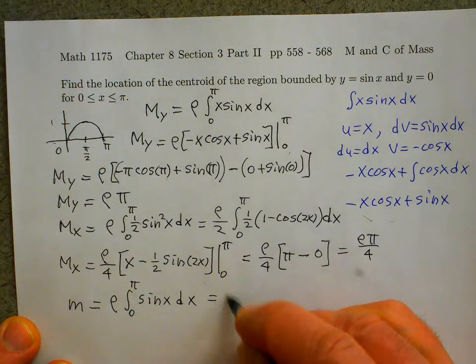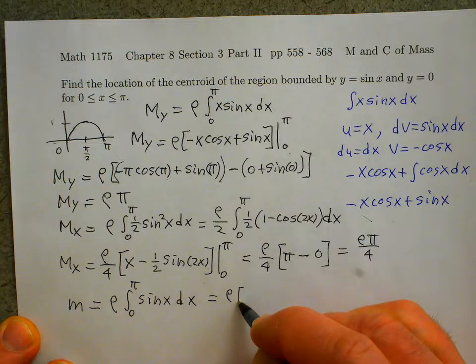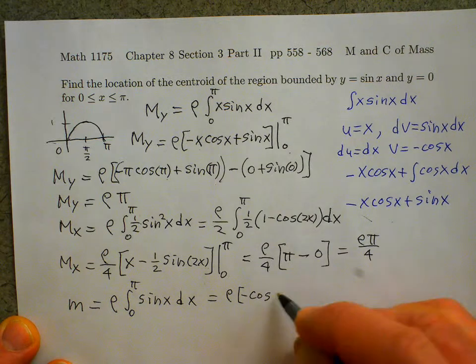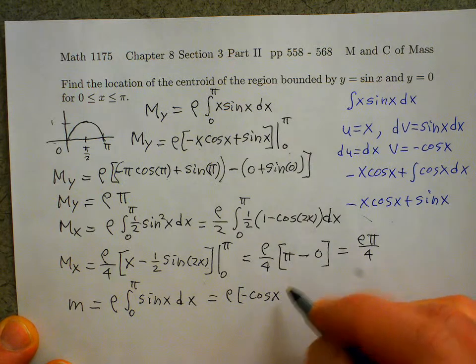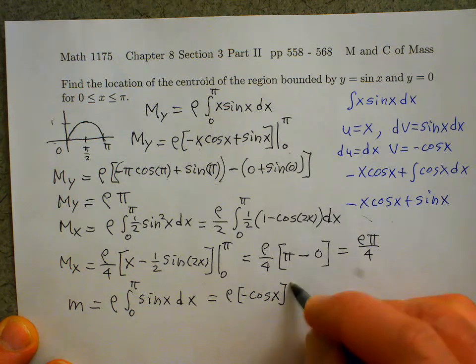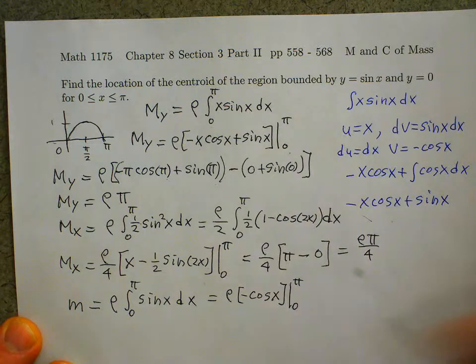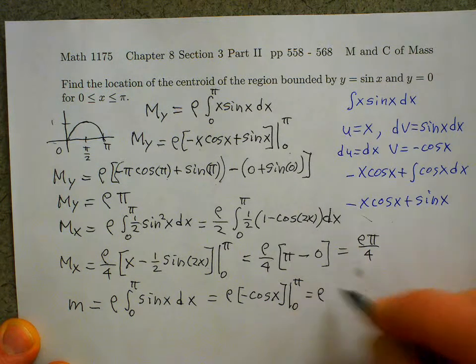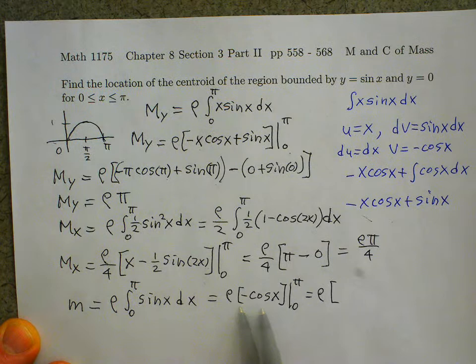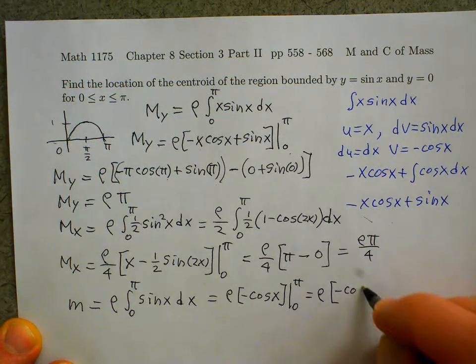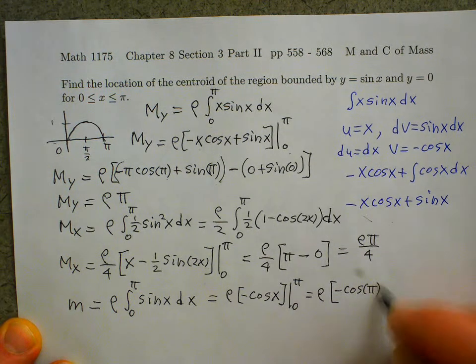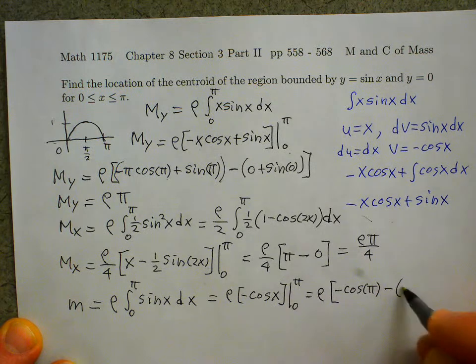So this is rho times negative cosine of x evaluated from 0 to pi. So rho times negative cosine of pi minus negative cosine of 0.